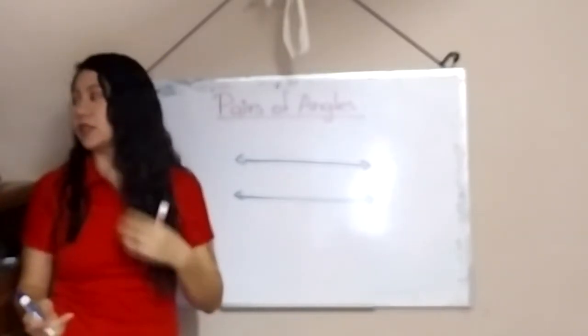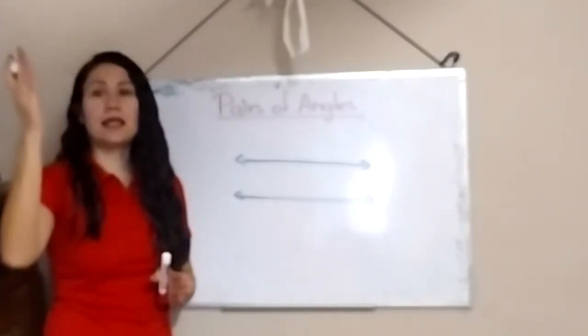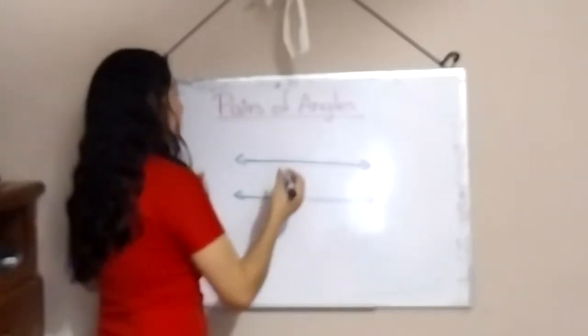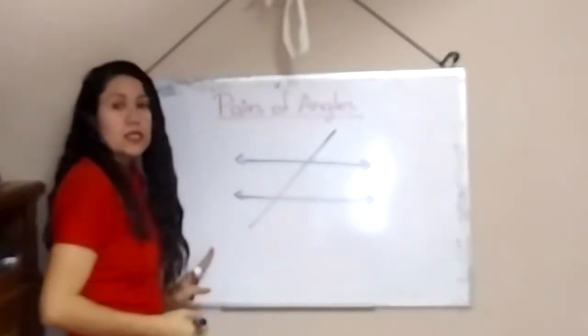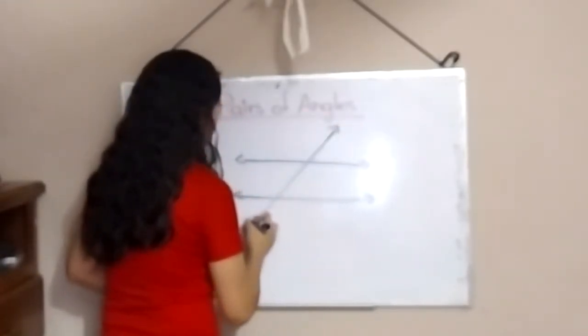And a transversal line. A transversal line is a line that intersects 2 or more lines. So we will have a transversal because it intersects with 2 lines.